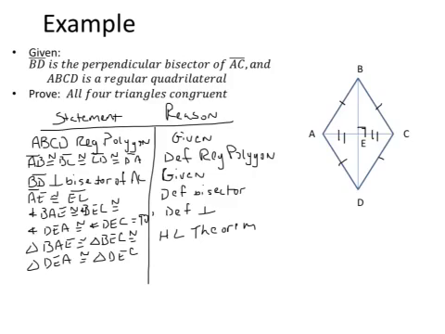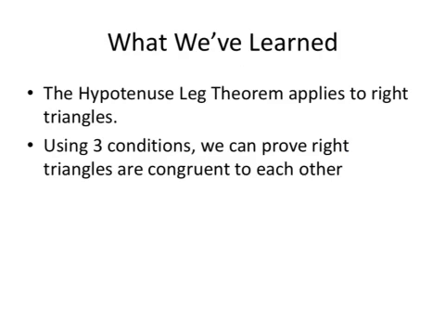And we've proven all four are congruent. So what we've learned is that the hypotenuse leg theorem applies to right triangles, and using our three conditions, we can prove that right triangles are congruent to each other. See you tomorrow.